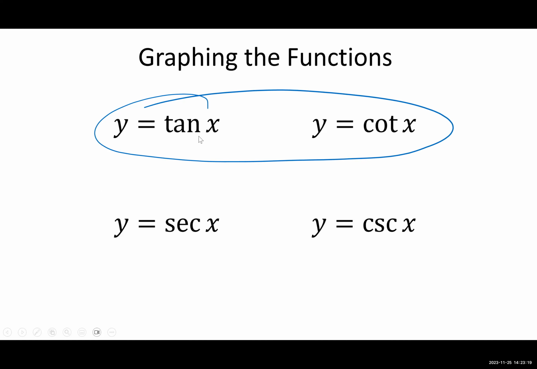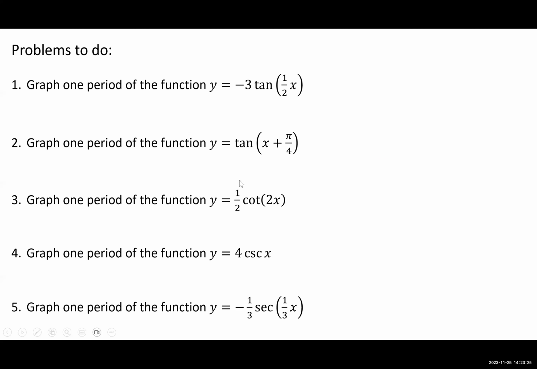Okay, so let's start with the tangent function, and then we'll move on to the cotangent function. But to do so, we're going to have to talk about a couple of things that we have already talked about previously. One of them is graphing more complicated versions of these functions based on transformations of the simplest representation of that class of functions.